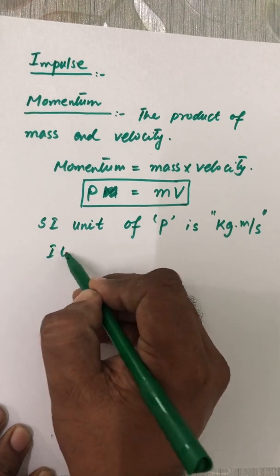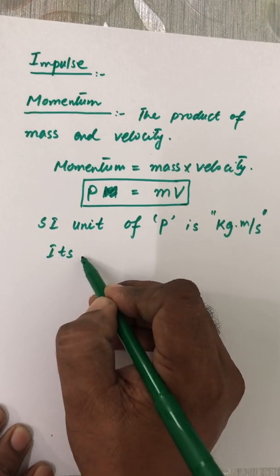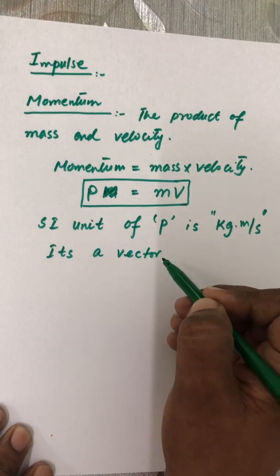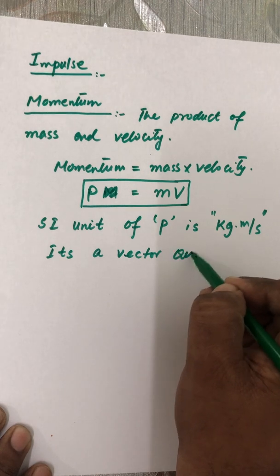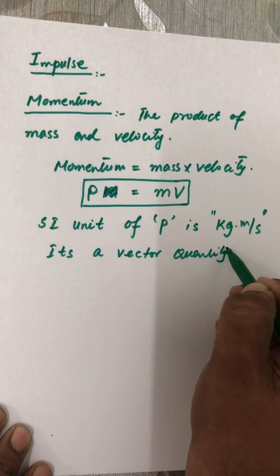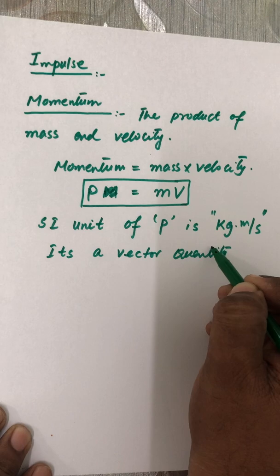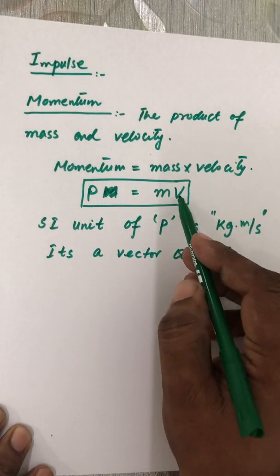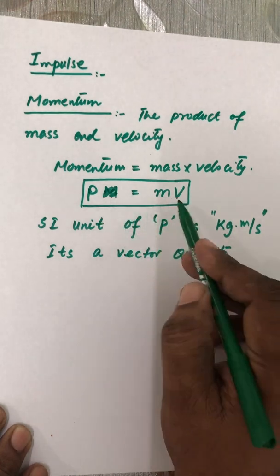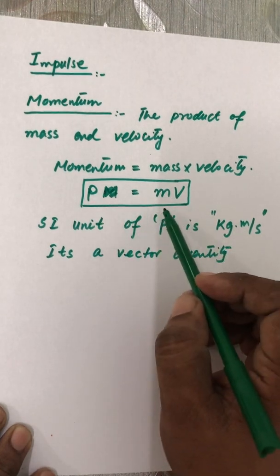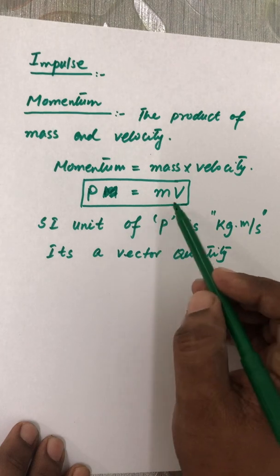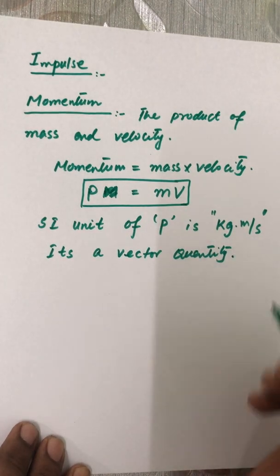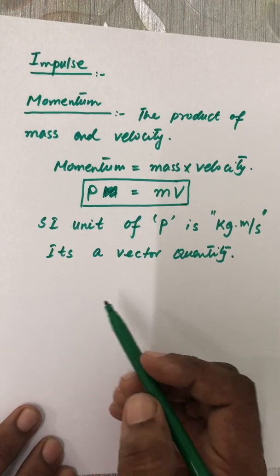It's a vector quantity because velocity is a vector. So the overall effect of momentum will also become a vector, because in the formula velocity is a vector. So it's a vector quantity. So this is momentum.